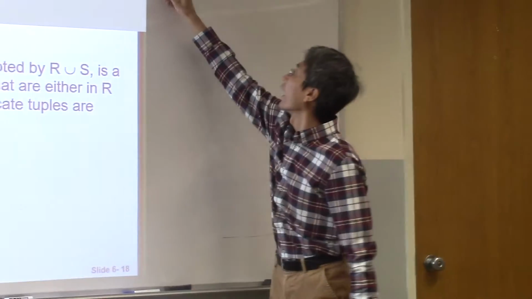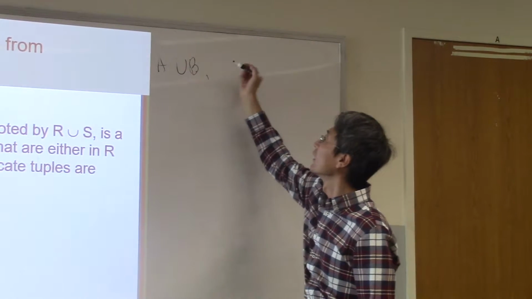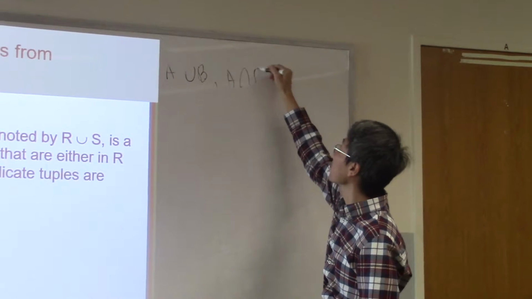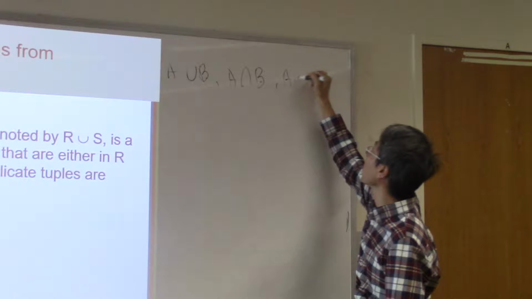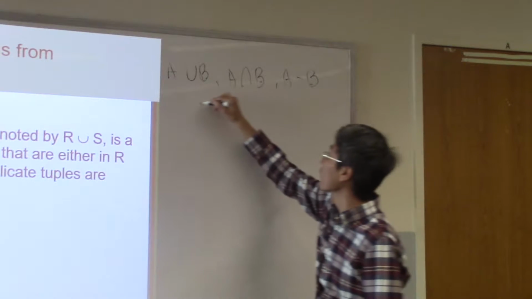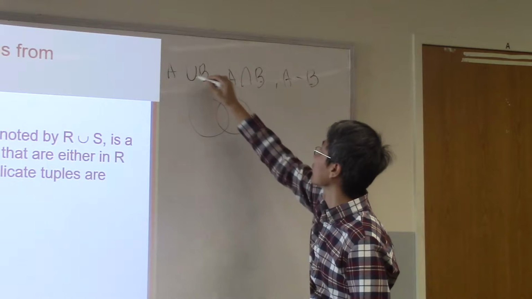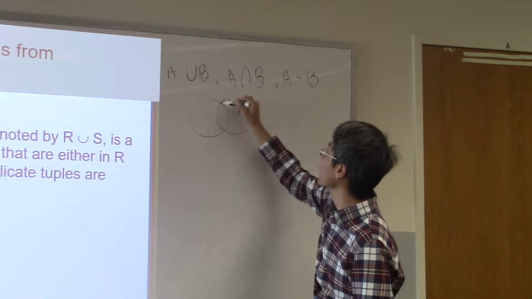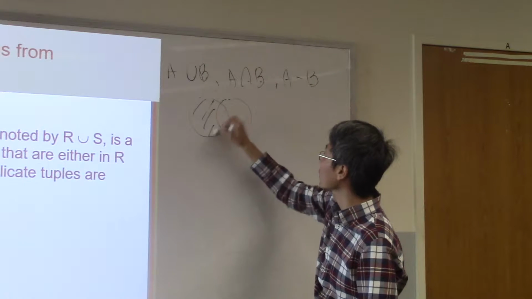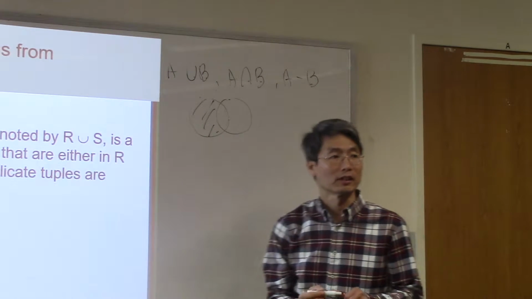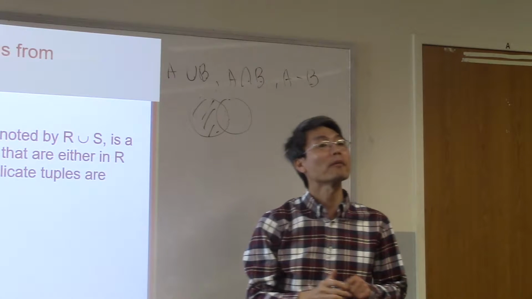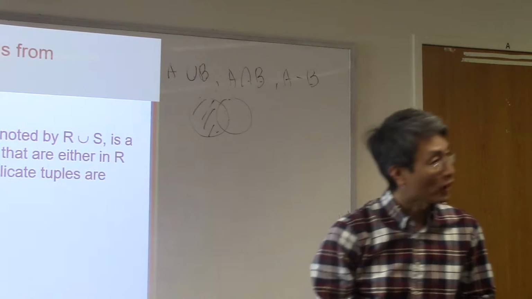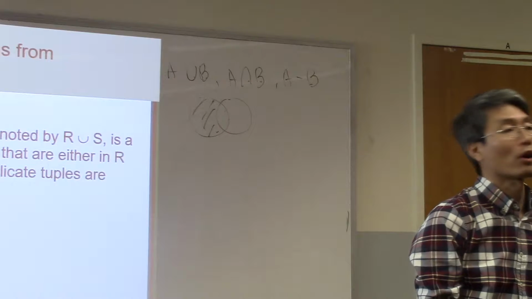Union, A union B, A intersection B, and A minus B. For example, using a Venn diagram, this is all of this, and this belongs to A, not B. So this can be used for relational algebra also.